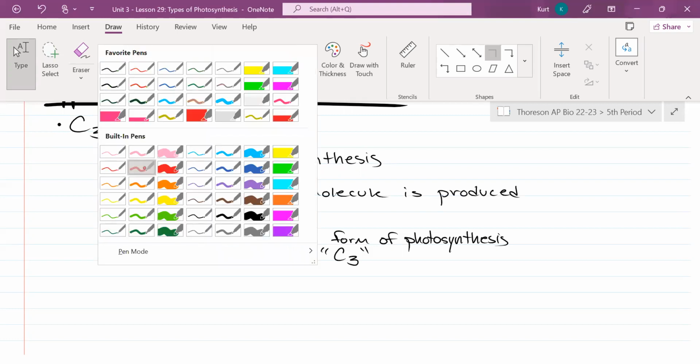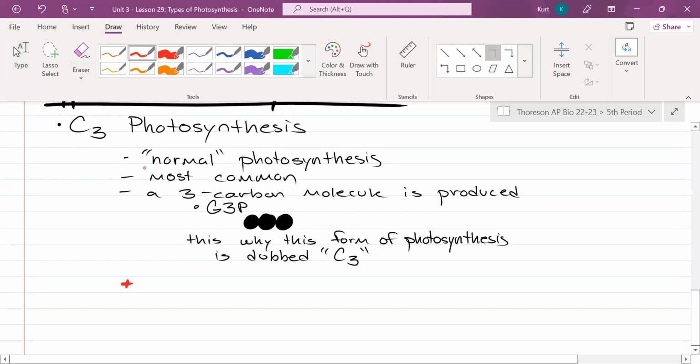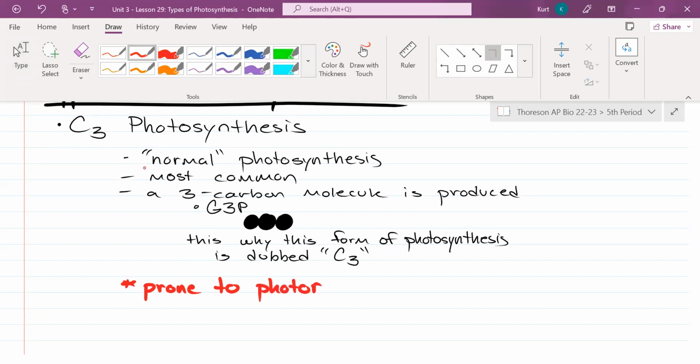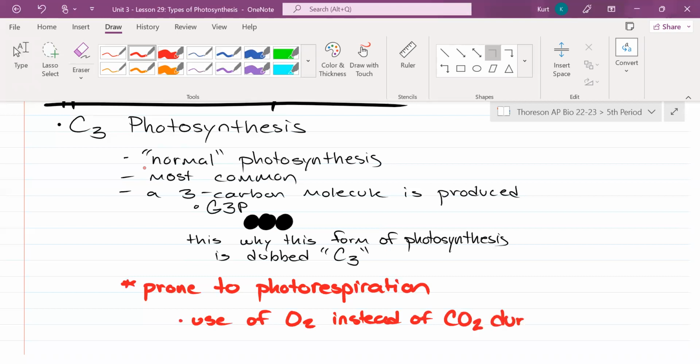So I really don't have to teach you anything about that that's new. But here is the downside. This form of photosynthesis is prone to photorespiration, and that is the use of oxygen instead of CO2 during the Calvin cycle.